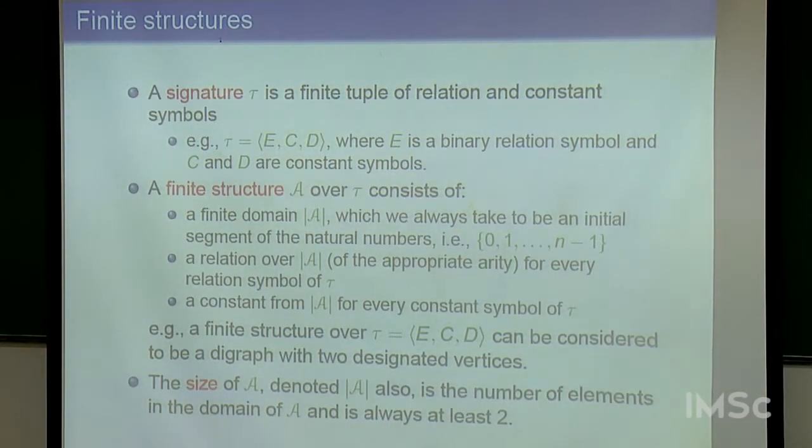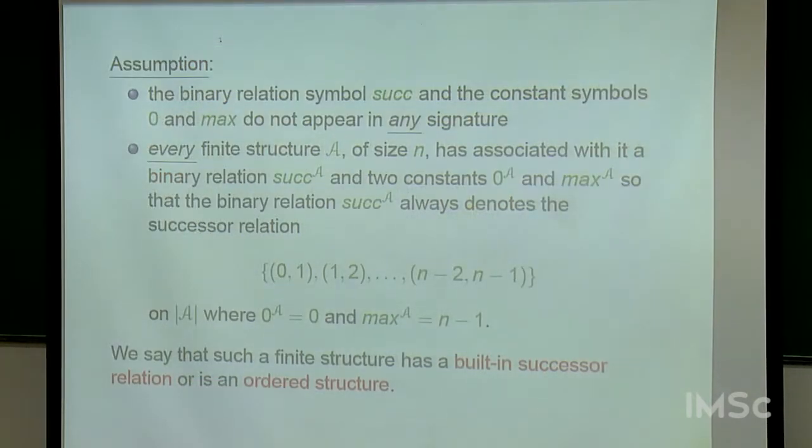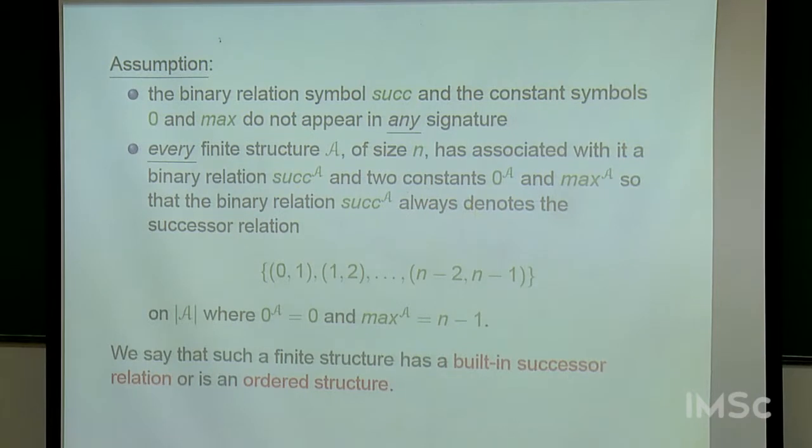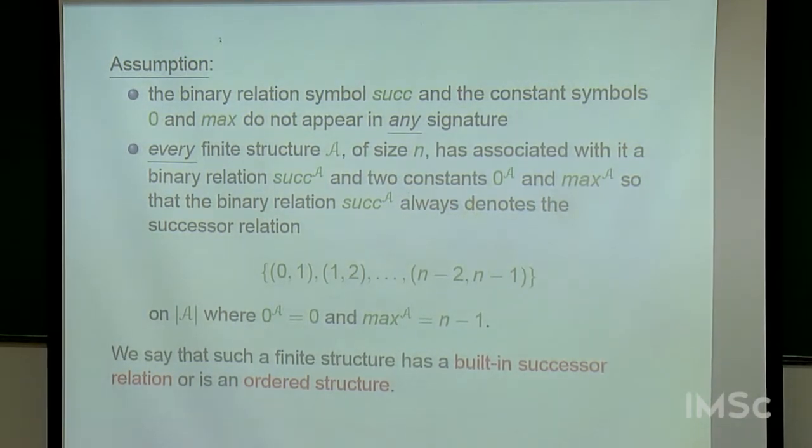So those are the objects of study. Now I've got a funny little thing that I'm not going to go into in too much detail: I always assume that every structure comes for free with a binary relation symbol called suc, or successor, and two constant symbols, 0 and max. In every finite structure A of size n, there's always this binary successor relation and two constants that interpret suc and the constant symbols 0 and max.